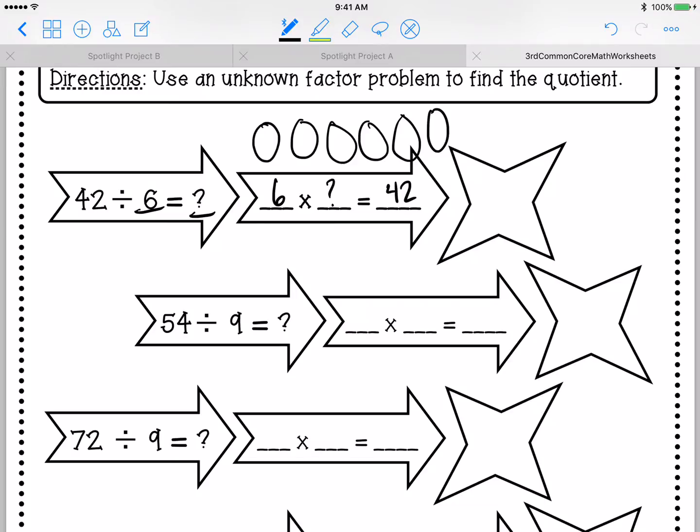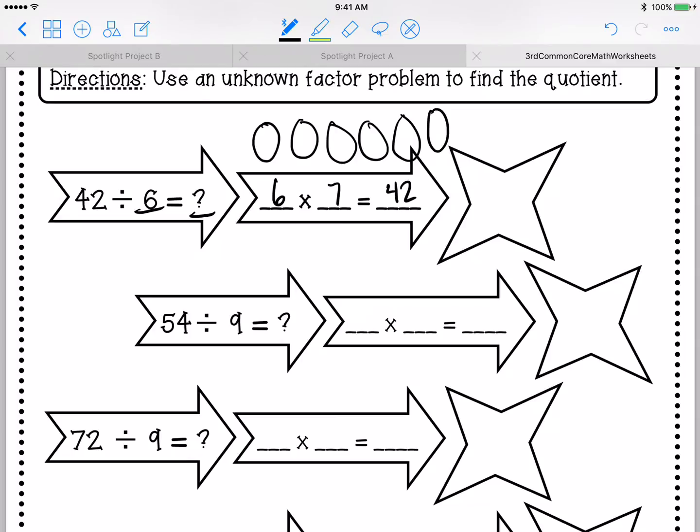So what rhyme has 42 in it, and a 6 and a 7? So 6 times 7, rings for you, put them on all 42. So here I'm going to erase my question mark. I'm going to bring back my 7. Okay, so that's how we can relate the division to multiplication.